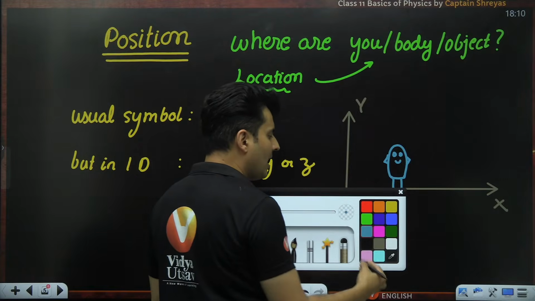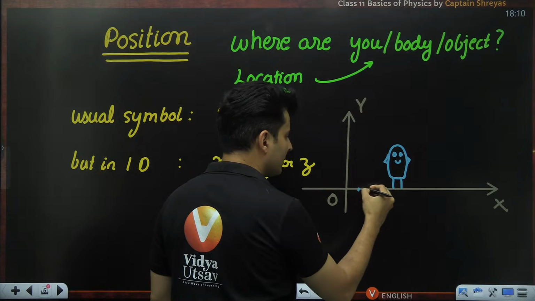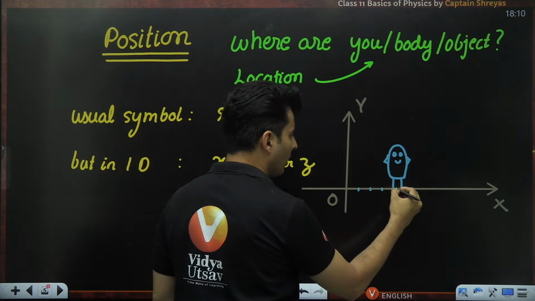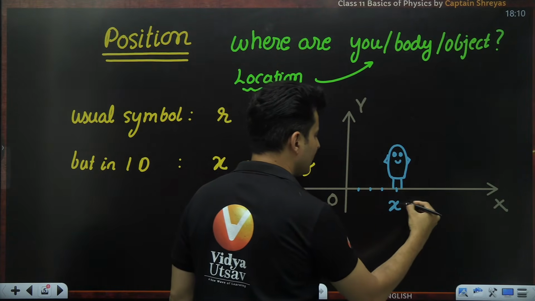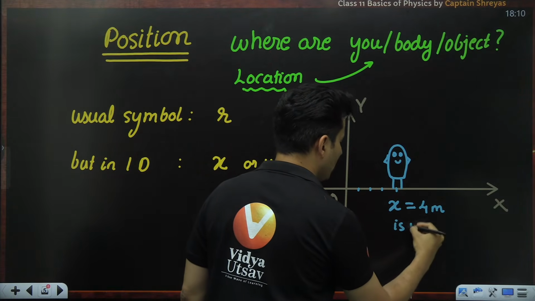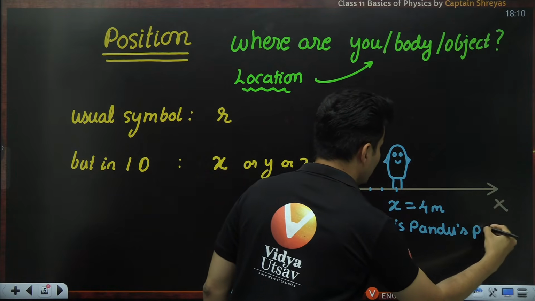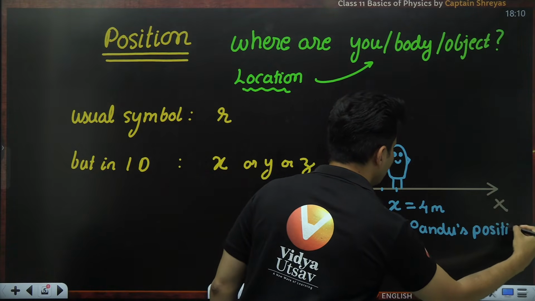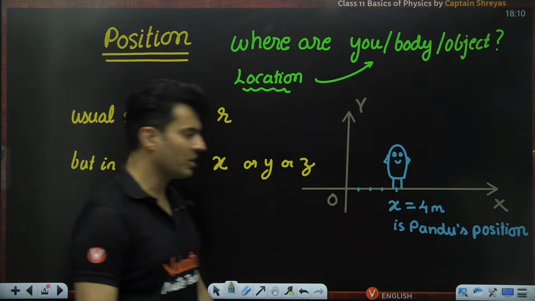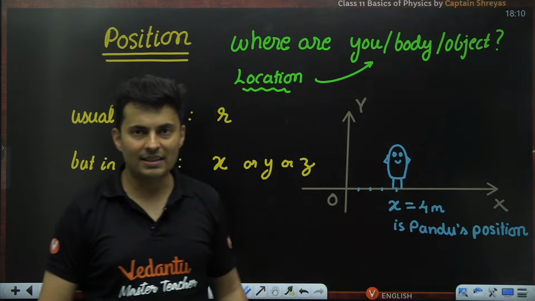If somebody asks me what is Pandu's position, I'll check the coordinate: x is 1, 2, 3, 4. Oh, x equal to 4 meters is Pandu's position. Everybody with me?